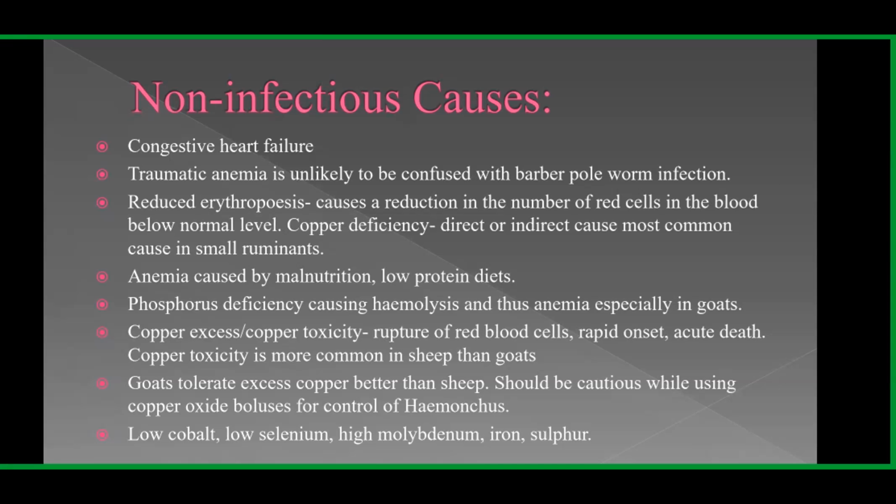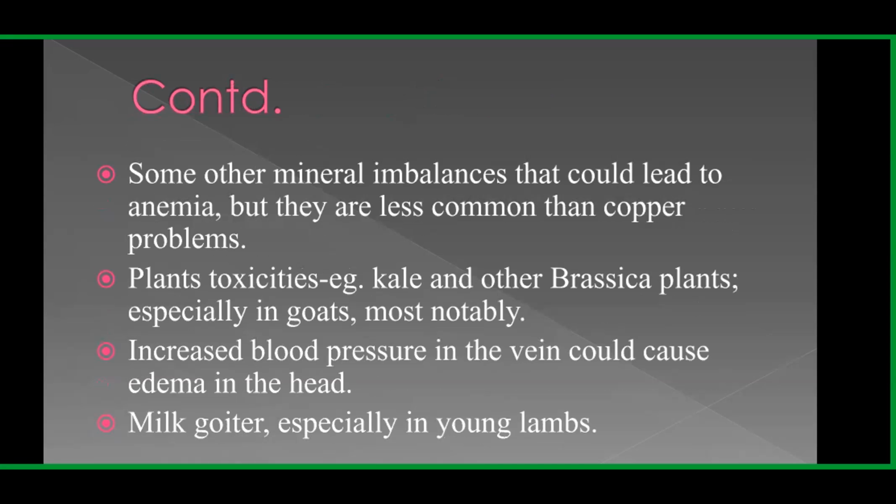So that will lead to reduced absorption, reduced amounts of certain electrolytes, and this will lead to reduced oncotic pressure in the blood, and that will lead to edema. Again, as I said, a certain mineral imbalance could lead to anemia and copper problems. Copper deficiency or copper excess is more common in sheep and goats.